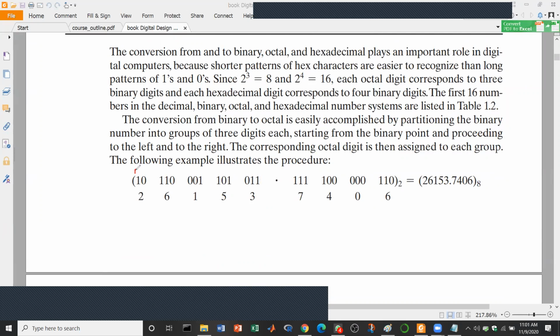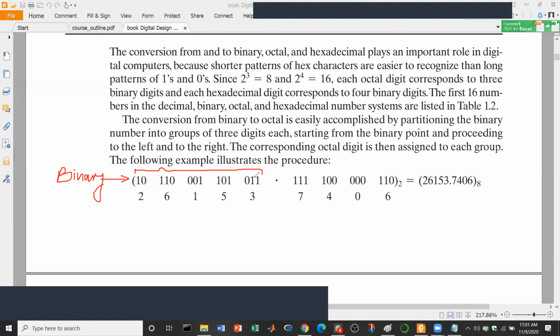We focus on only this part. This is a number which is given in binary, and our task is to convert that number into the octal number.